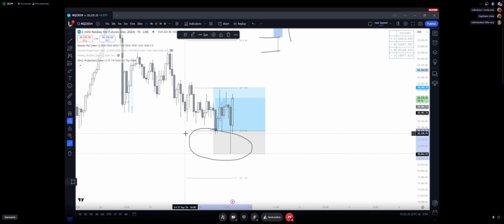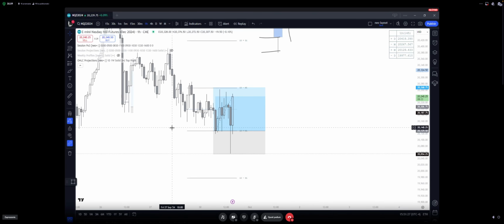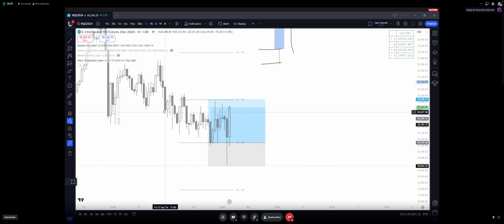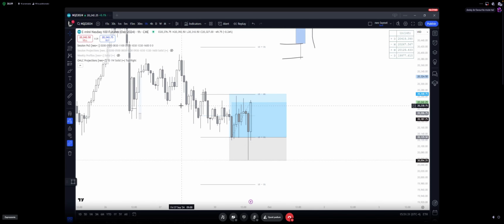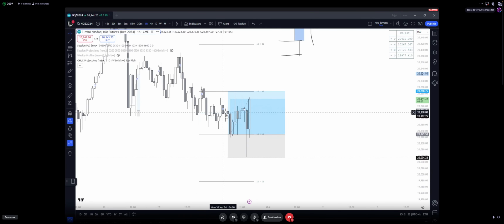It's an average over time. So what it tells us basically is, on average, for a bullish distribution candle, price will reverse about at this level. But we need to consider the higher time frame.